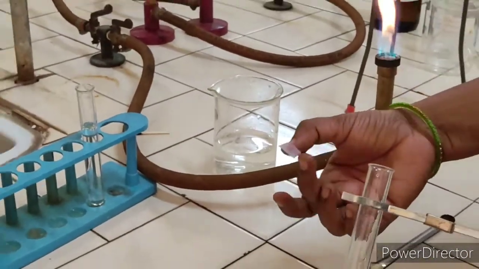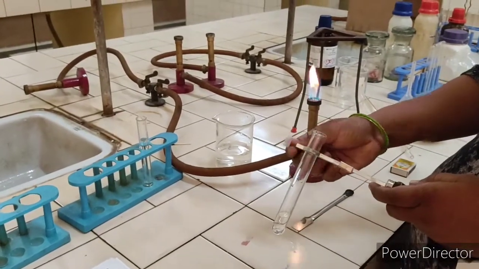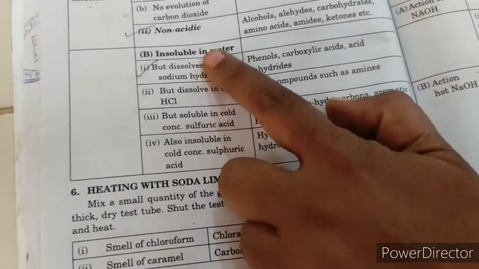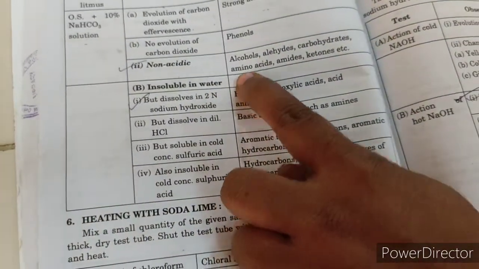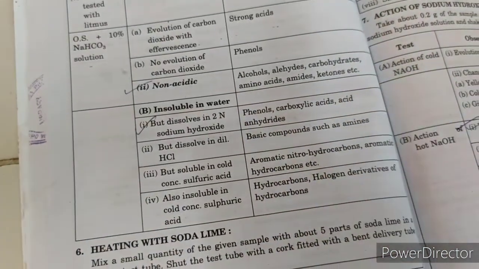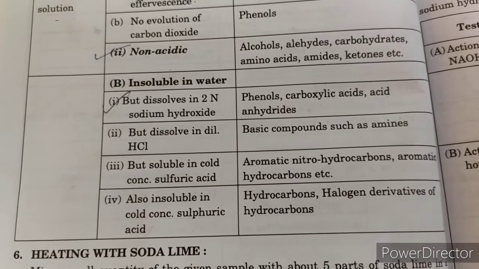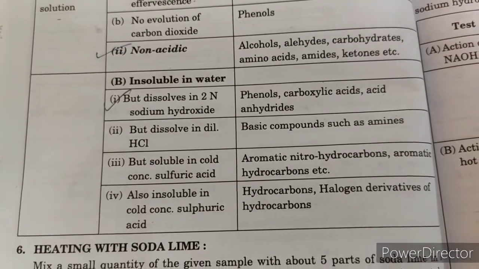So it indicates that the compound is neutral in nature. From the observation table, the compound is non-acidic. That means alcohol, aldehyde, carbohydrate, amino acid, amide, etc. may be present.